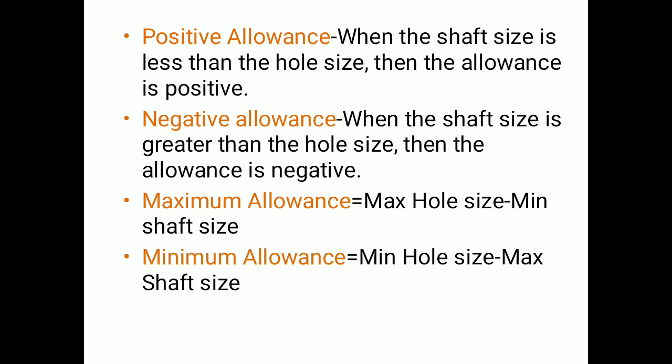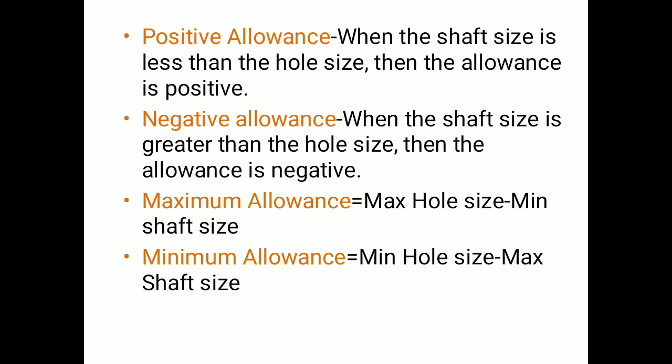For example, if my shaft size is 50 mm and the hole size is 50.02 mm, then the difference of the sizes, that is the shaft and the hole, will be 0.02 mm. Means my hole is always greater than the shaft, then the allowance is termed as positive allowance.